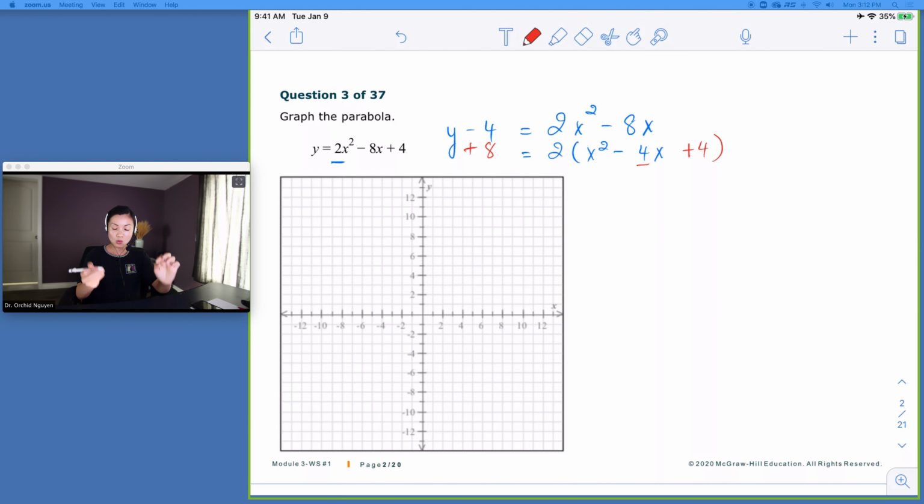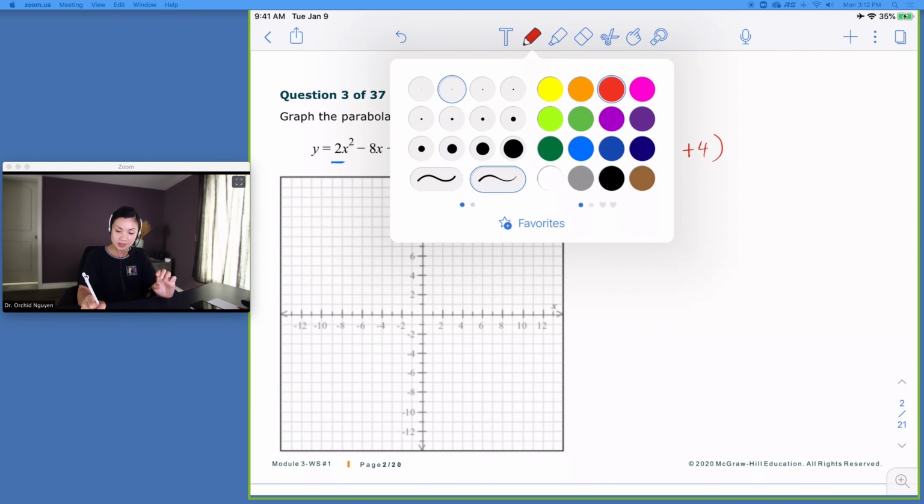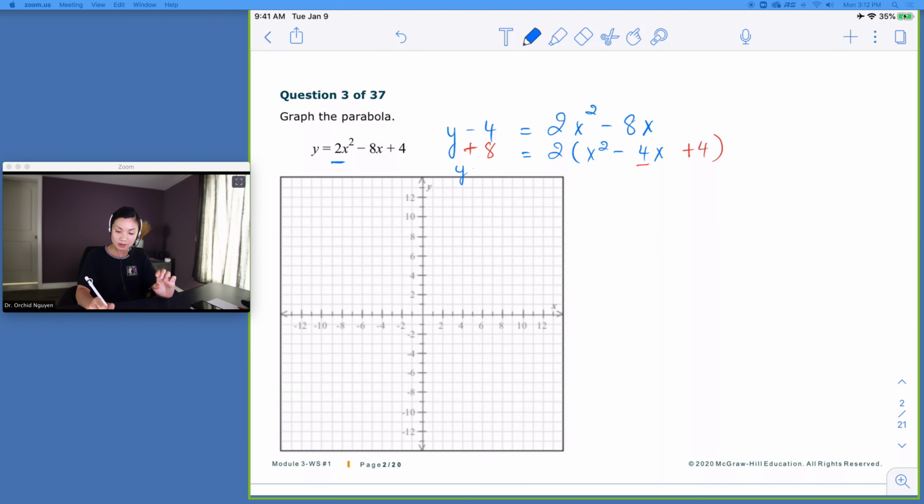Okay, so we ended up on this side with y plus 8 equals, and I'm ready to factor it out, so it's x minus 2 squared. And then, because this is a parabola, I just have to move 8 back to the other side.